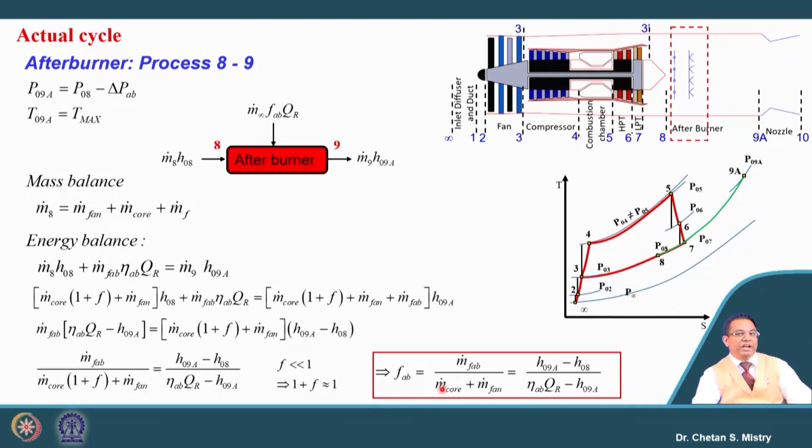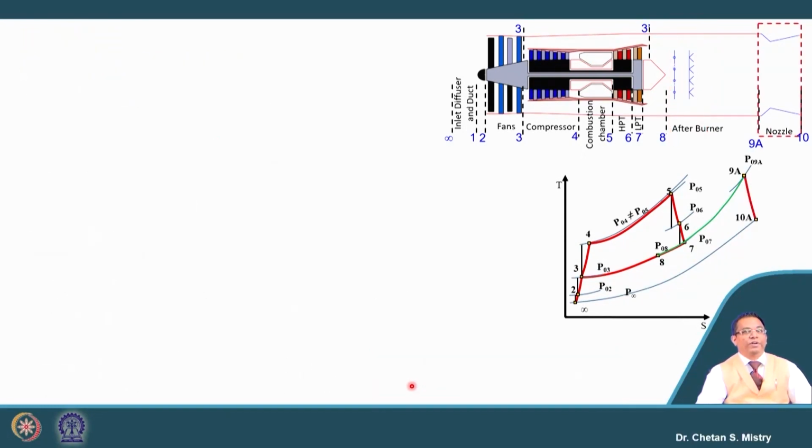That is the reason why it is dedicatedly written in terms of m dot core plus m dot f. Okay. So, do not get confused with the formulation of this. If you do the simplification of this equation, we will be having this f term coming in the formula, and this f we know is very much less than 1. That is the reason why we are taking 1 plus f equal to 1, and if you simplify, that will give the fuel air ratio for the afterburner.